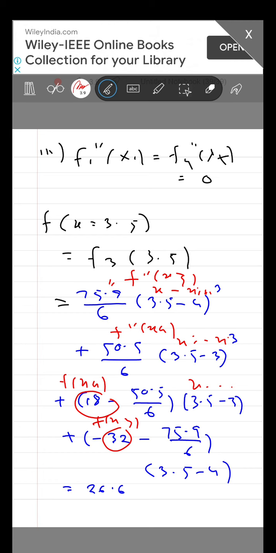This is again x5 minus x1. 5 minus 1 comes as 6. These are all 5 minus 1 values. So putting this value, this is the final answer that we get, 26.6, for fx equal to 3.5.